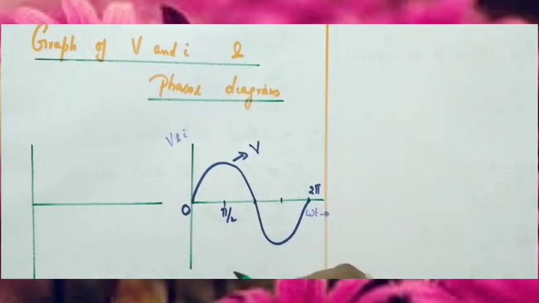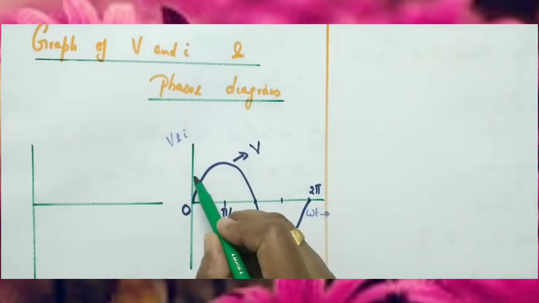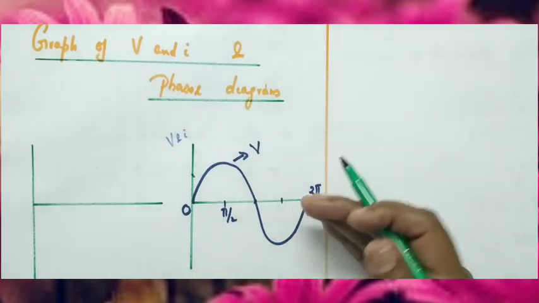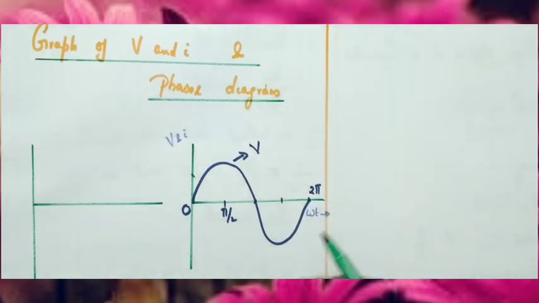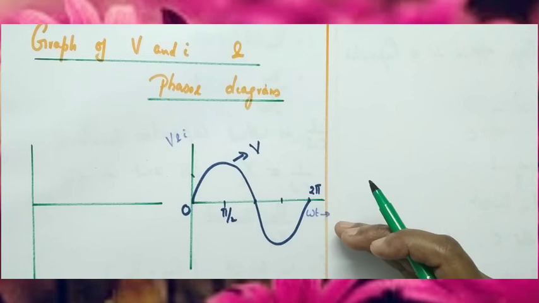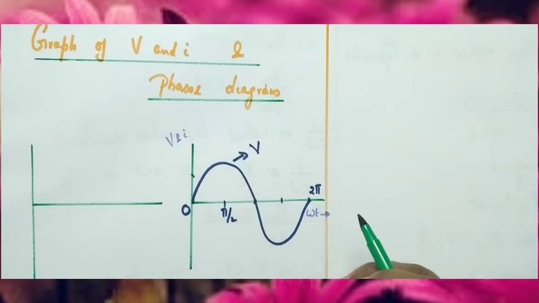Now, how will you draw the current? Here current leads voltage by an angle pi by 2. When AC voltage is connected to a capacitor, we have studied current leads voltage by an angle pi by 2. Leads means it starts from the upper region. And what about the magnitude of current? Since Im equal to Vm by Xc, the magnitude of current is always less than the magnitude of voltage.